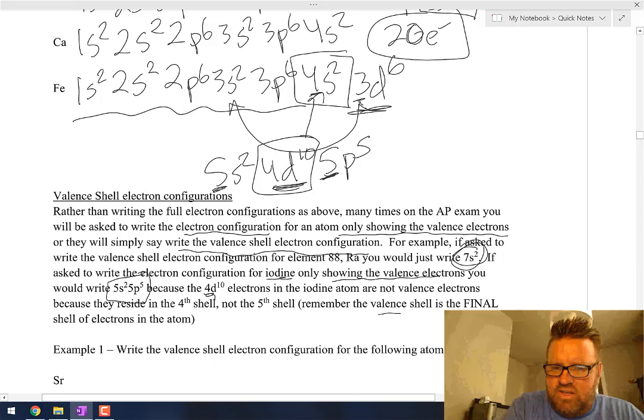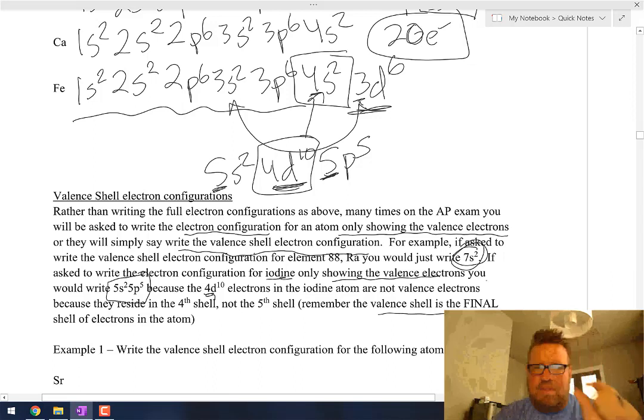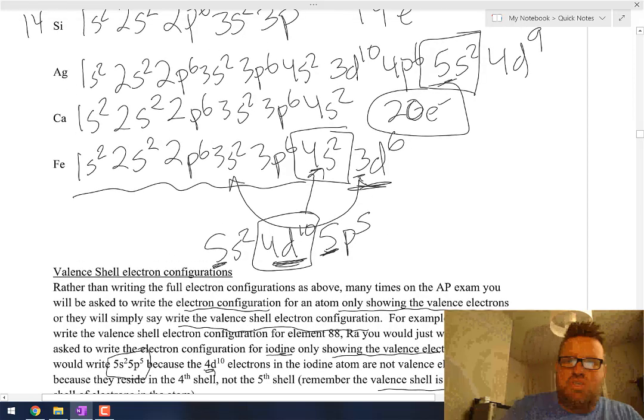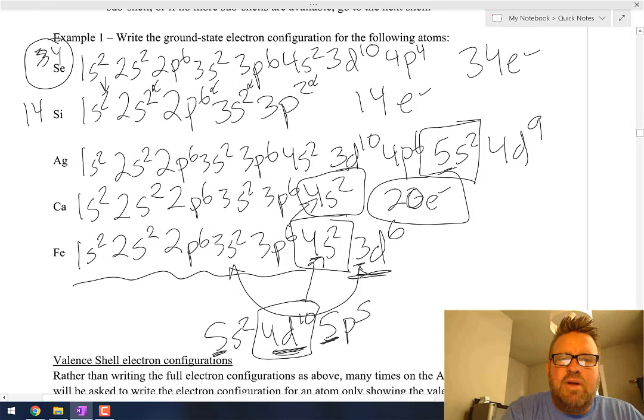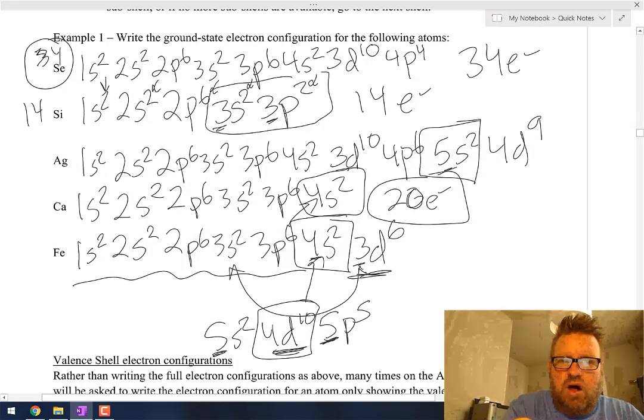Remember that the valence shell is the final one. It's the one that has the biggest number in the front. And it might just be, like on calcium, just those electrons right there, because that's the only one that starts with a 4. Okay? But for example, on silicon, there's the third shell s electrons, but there's also the third shell p electrons. Those are all part of the valence shell.